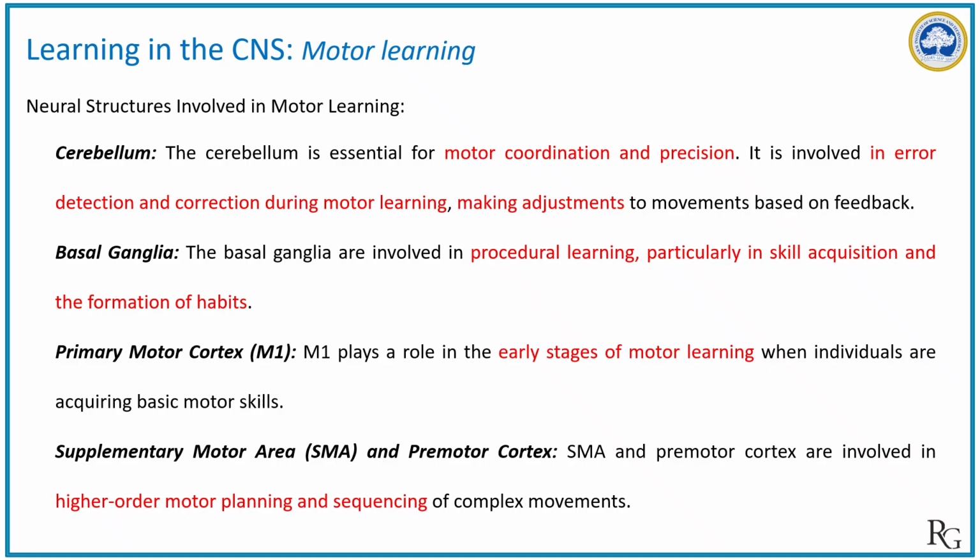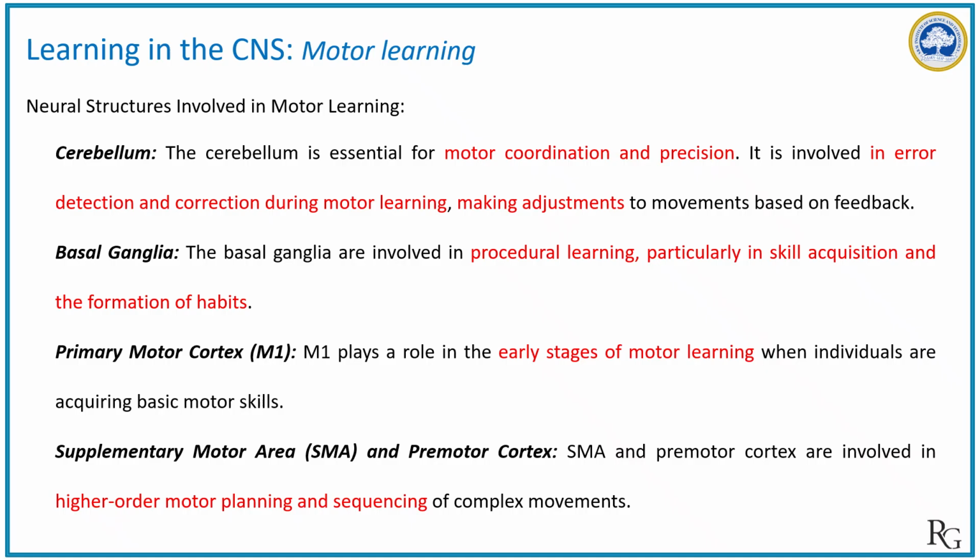We may think of it as the brain's error detector. Whenever we perform a movement, the cerebellum compares what we intended to do and what actually happened. If there is any mismatch, it helps to correct and fine tune the movement. This is why damage to the cerebellum often leads to problems with balance and accuracy.